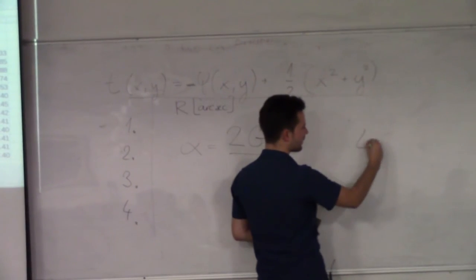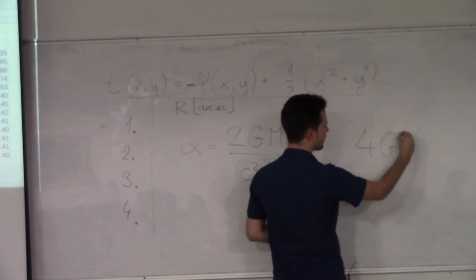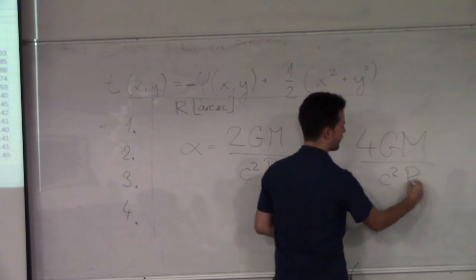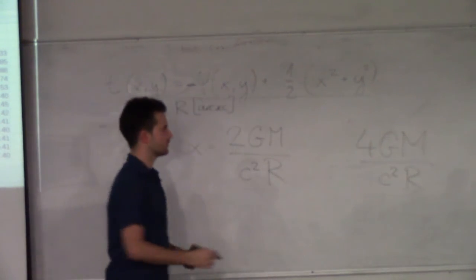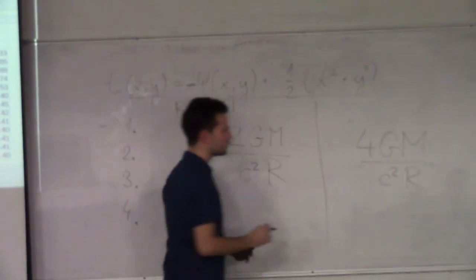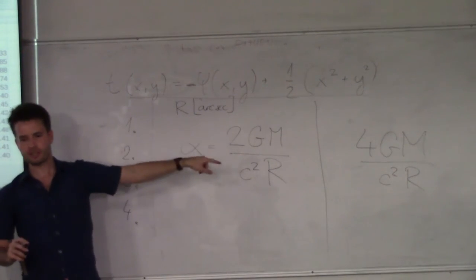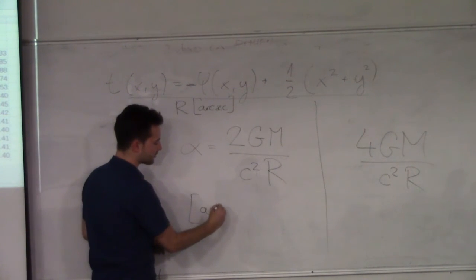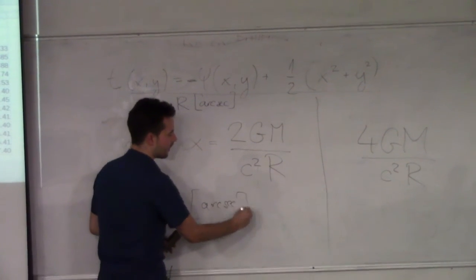And Einstein's prediction is 4GM over c squared r. So you should now have all the information you need. And if it would be possible, having units of arc seconds would be great.